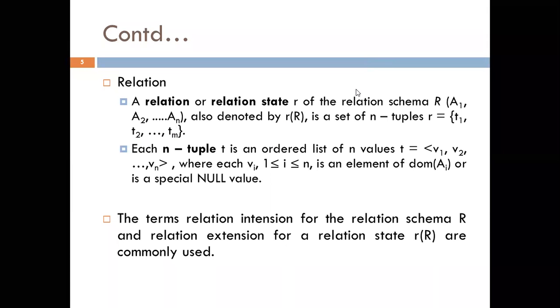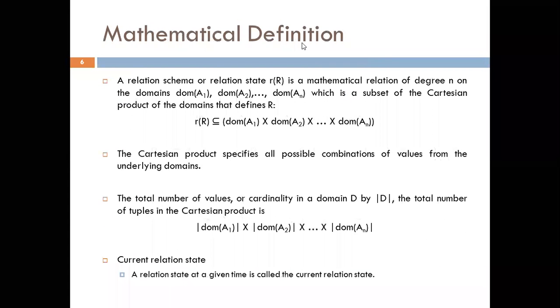Here we are trying to represent everything we studied from a mathematical perspective, using mathematical terms. So, the mathematical definition: a relational schema or a relational state is a mathematical relation of degree n on the domain of A1, domain of A2, till domain of An, which is a subset of the Cartesian product of the domains.